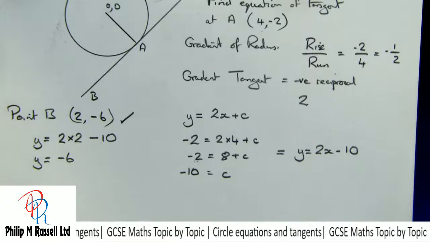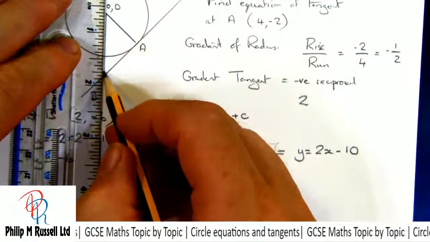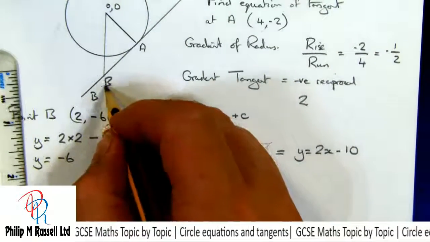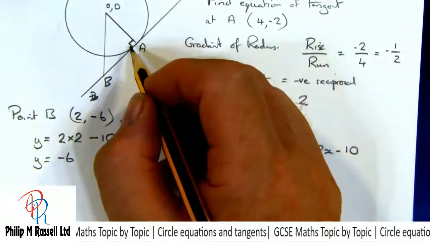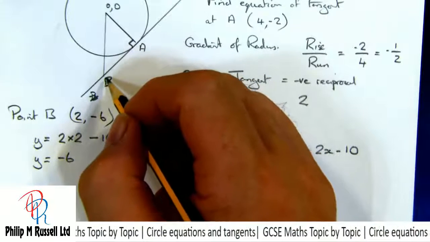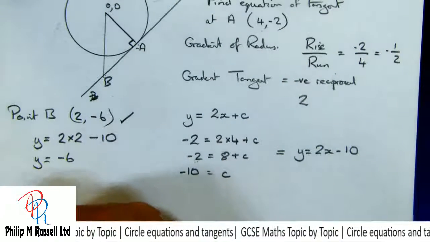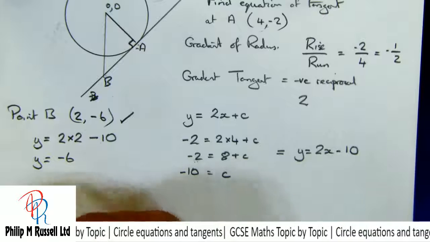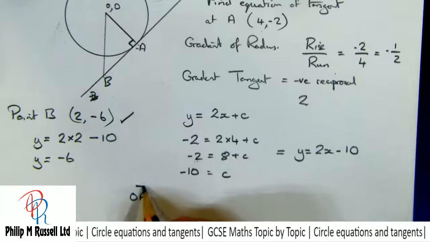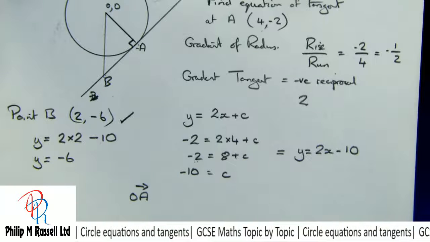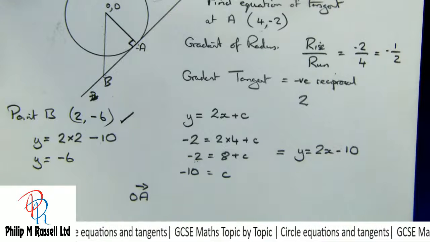Now, can we find the area of a triangle like this, assuming that is point B there? We know this is 90 degrees, so all I need to know is the length of B to A, and I also need to find the length of O to A. Well, let's see what we know.